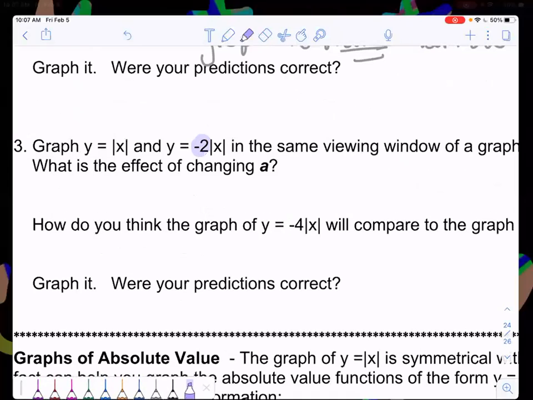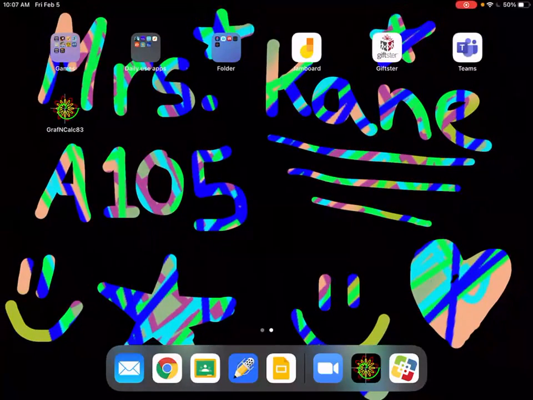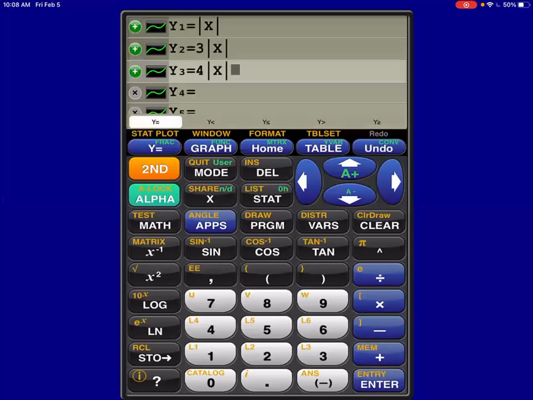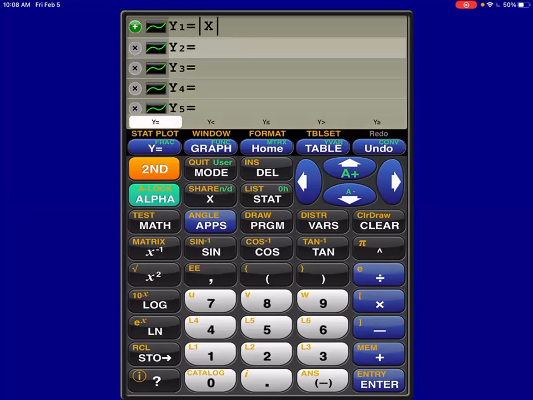So I'm going to go to my calculator. I'm going to delete the 2 equations that I had, but I'm keeping that first equation there. So if I have a V, what do you think happens if it's negative? Anybody have an idea? Haley, what do you think? Right now my graph looks like this.